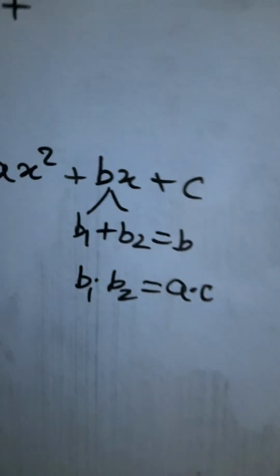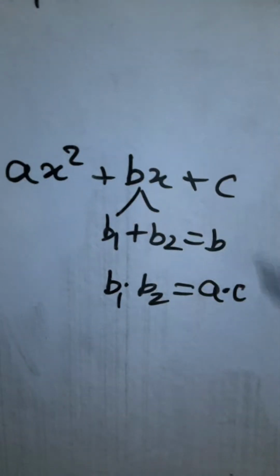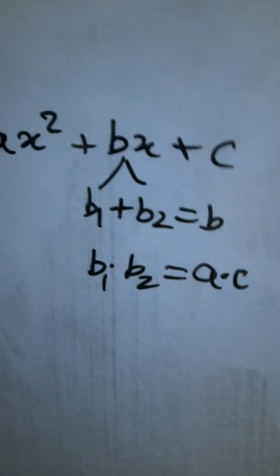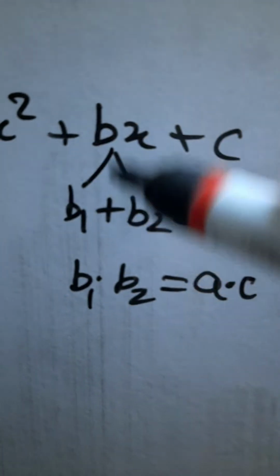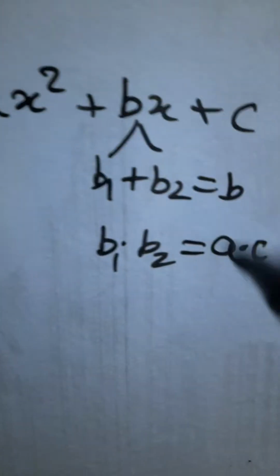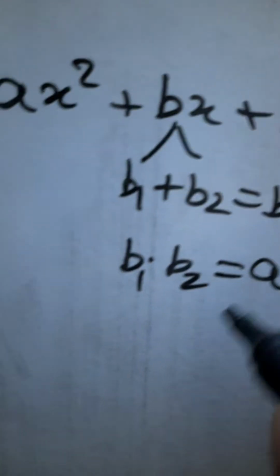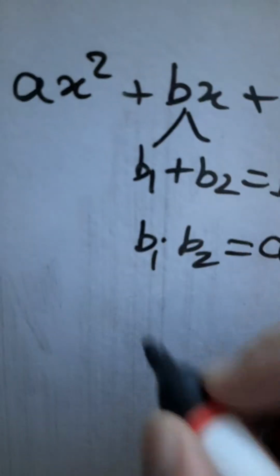When we break this b, b1 plus b2 is b, so the original question is the same. The question isn't broken, it is just divided, so we can add it again later on and it would become our original question. And ac, when we multiply, is equal to b1 into b2, then we can separate them and take common factors out.